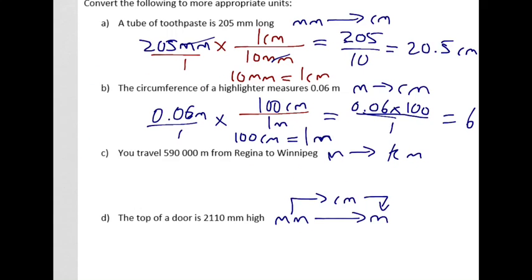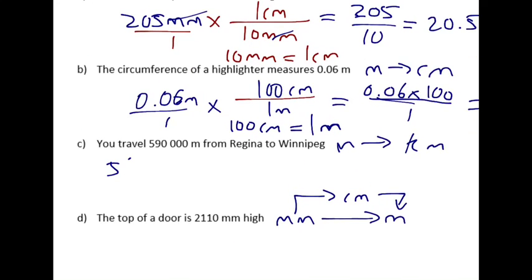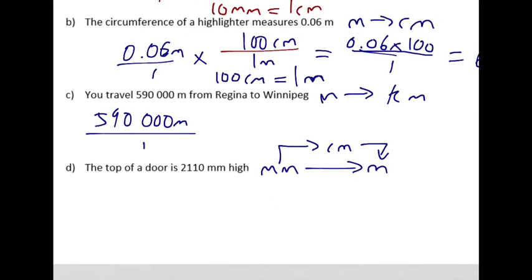Okay, let's do C. 590,000 meters. I want to go to kilometers, so what's my conversion factor? Well, there's 1,000 meters in a kilometer. So what does my fraction look like? When it cancels out, you want to have 1,000 meters on the bottom. Excellent. And a kilometer on the top. So the meters will cancel.